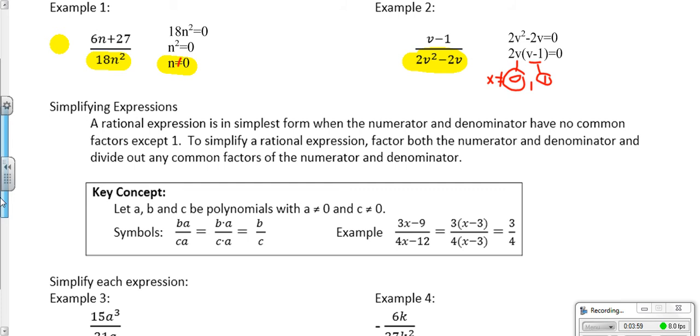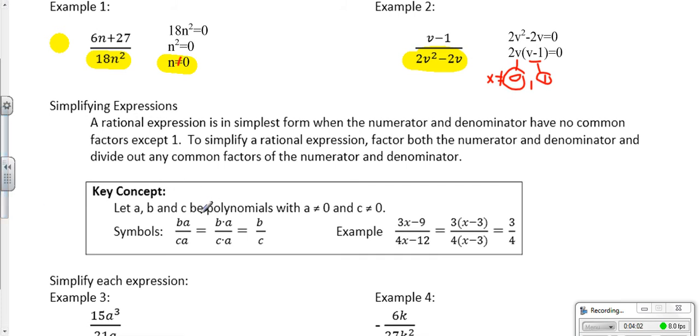Now, we want to learn how to simplify rational expressions, and there are really two types of rational expressions that we'll see. One is where the numerator and the denominator pieces are being multiplied, and then another one where you have addition or subtraction. We have to be able to handle both cases, and they are a little bit different. When we have multiplication occurring in the rational expression, it's not too bad. We can just go ahead and cancel some things out, and we'll see an example of that.